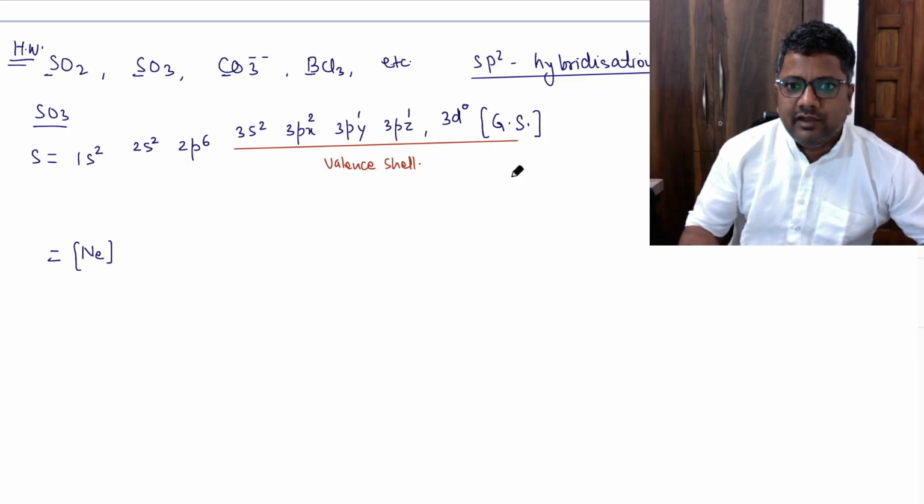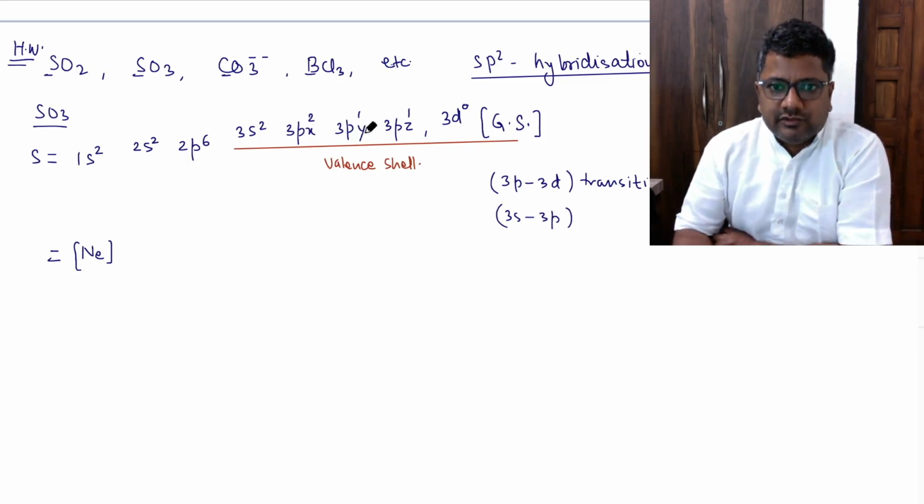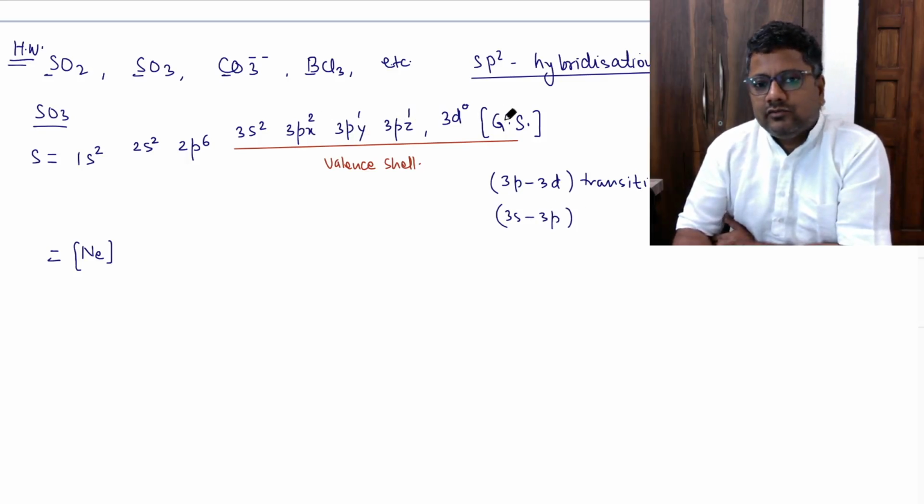So the following transition will take place between 3p and 3d before hybridization, and 3s to 3p means one electron of 3s goes to 3p, and from here 2 electrons will go to the 3d.